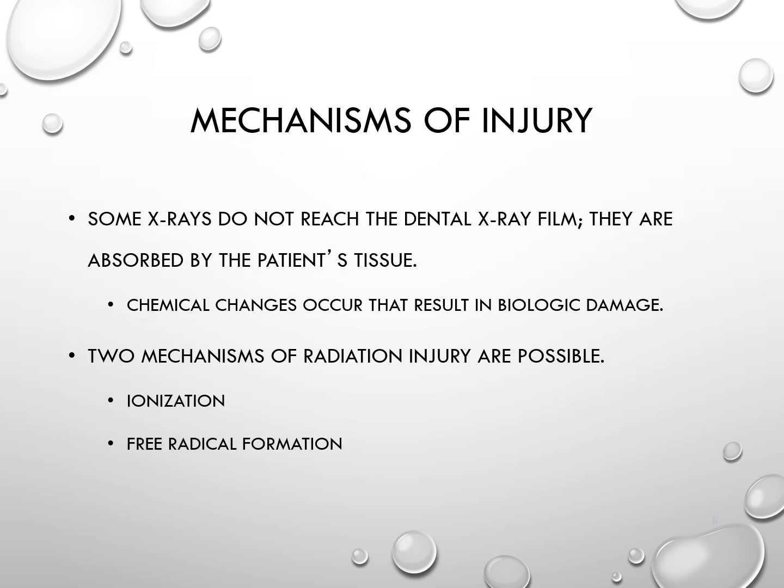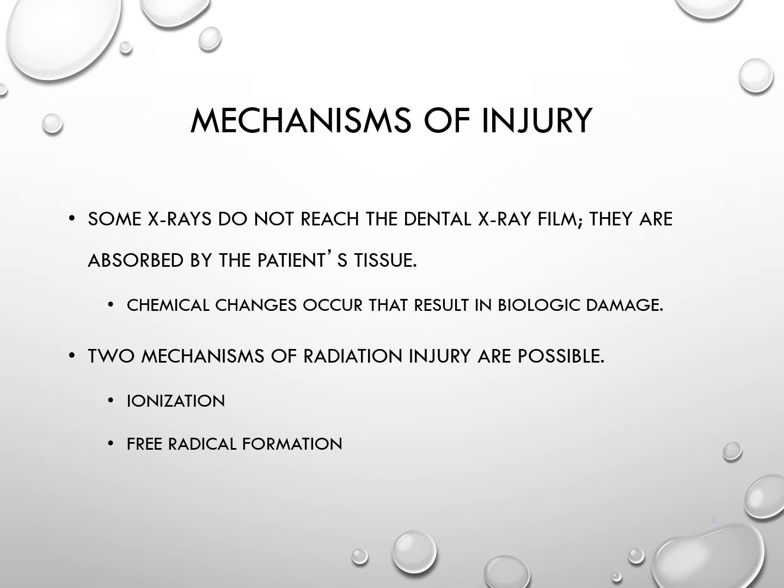All right, so remember in the previous chapters, we talked about what happens when the X-ray photon comes into contact with cells. Either it passes through and has no effect on the cell, or it can be absorbed, or it can turn into scatter.